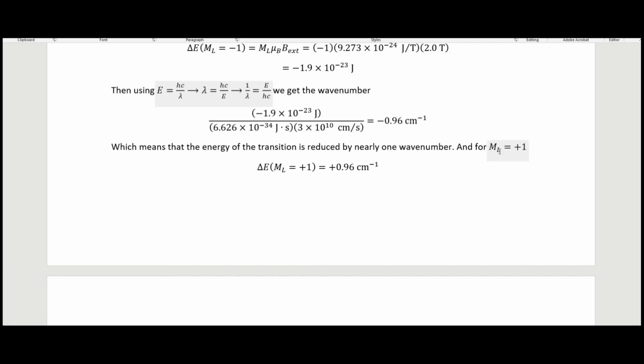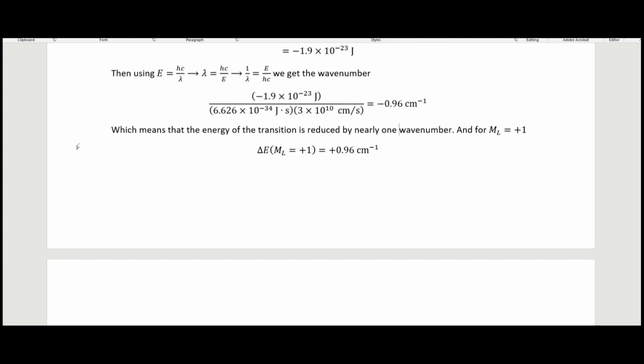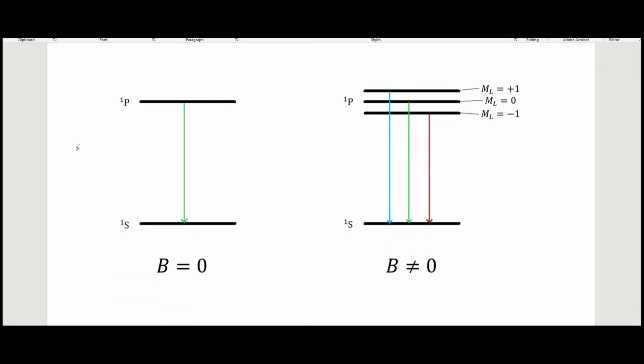Then if we did the same thing where m sub L equals plus 1, we'd just get plus 0.96 wave numbers here. So we would end up getting something that looks like this. On the left is when the magnetic field is equal to 0. Then on the right side here we have a strong magnetic field. And so we have m sub L plus 1, m sub L equals 0, and m sub L equals minus 1.